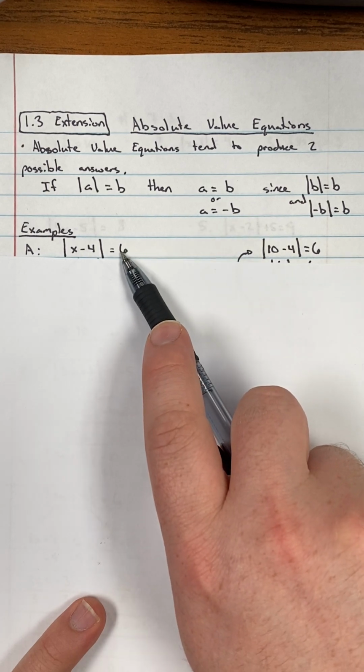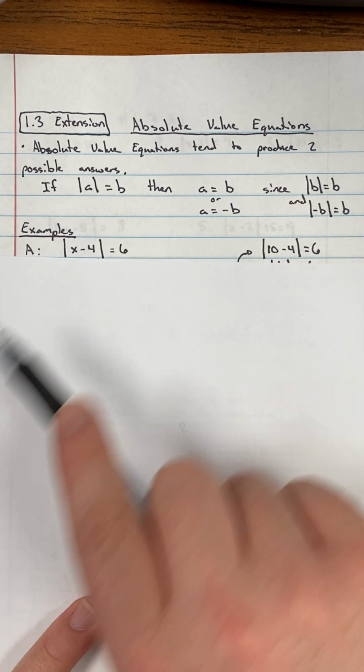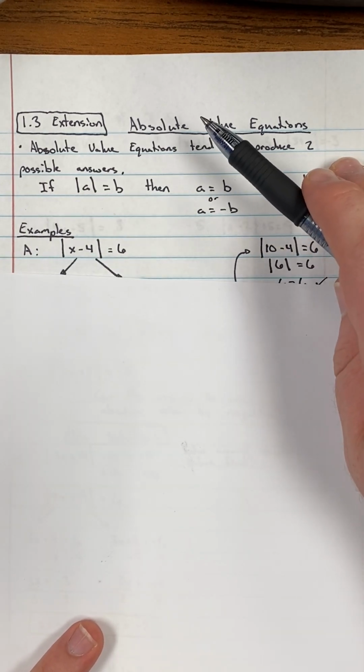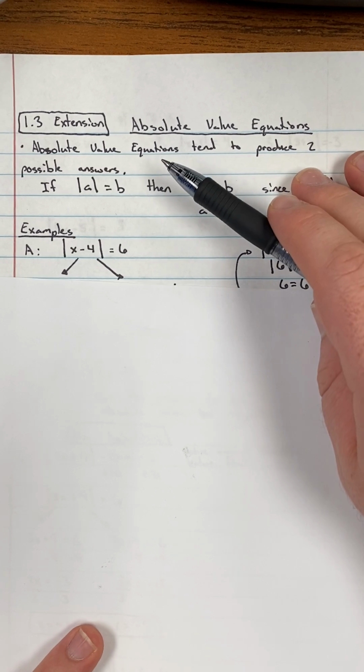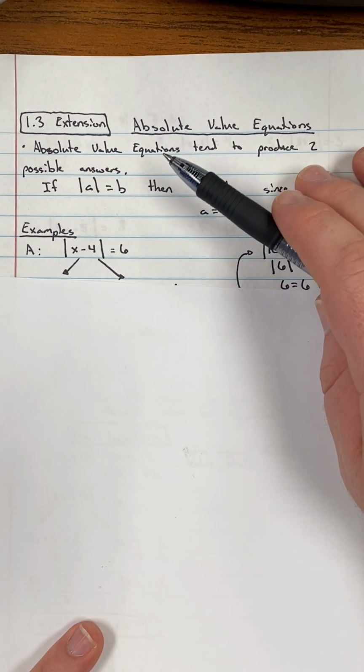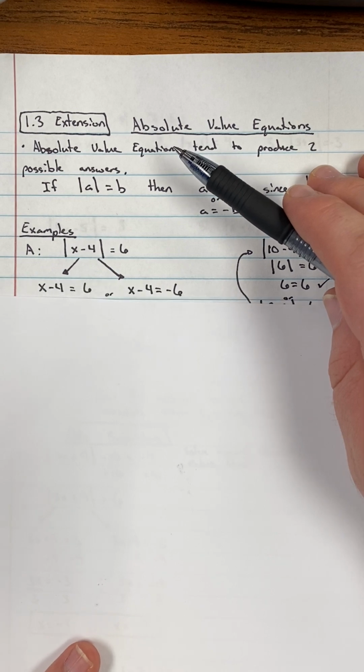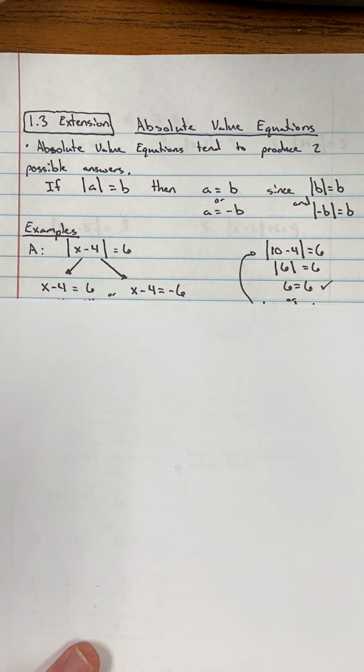So I have to change this to a negative for my second possibility. So I'm going to have two split answers here. And the split happens before we get rid of the absolute value. So we get rid of the absolute value and we change it into two different equations.